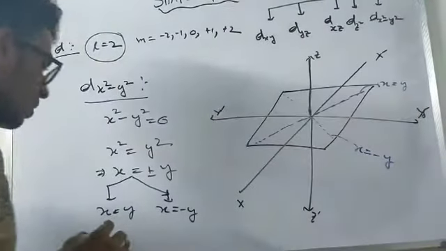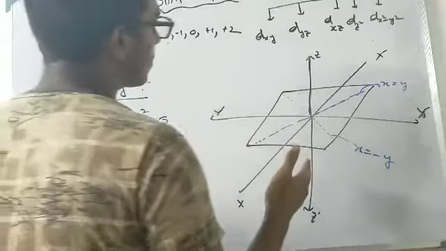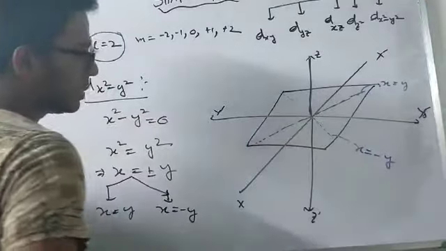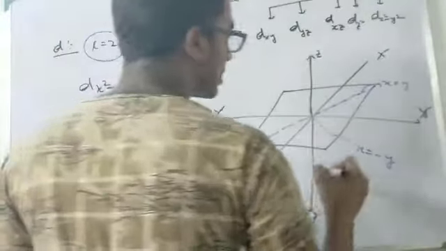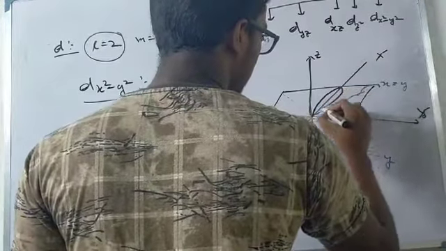So that means the dx square minus y square orbital cannot be present along these lines because these are the nodal planes. So the next possibility is that it can be present along the planes.